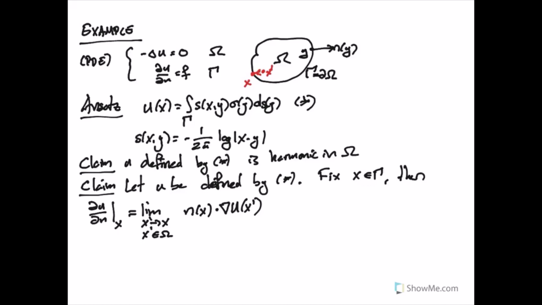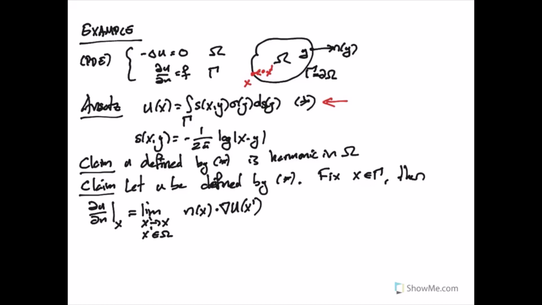So u here, observe, I mentioned earlier that this function is continuous everywhere, but it's not smooth everywhere. It's smooth inside of omega, it's smooth on the exterior, but it's not smooth across the boundary. So that means that the normal derivative essentially has to jump. So we have to be careful. If x prime is an interior point, then you can certainly just differentiate.